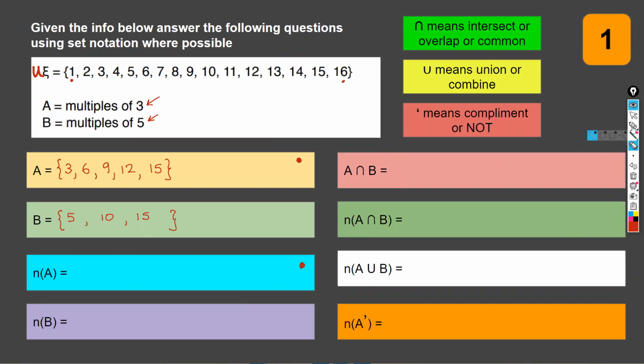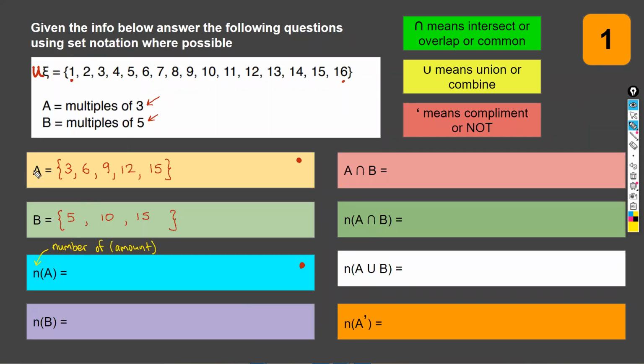Well, whenever you see the letter N on the outside, this means number of, or they're asking you for the amount.